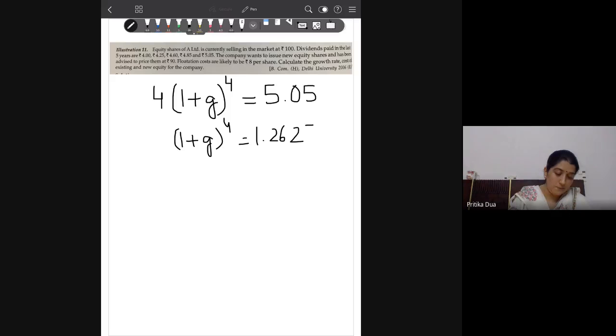So I'll present the future value table so that you can locate the value.